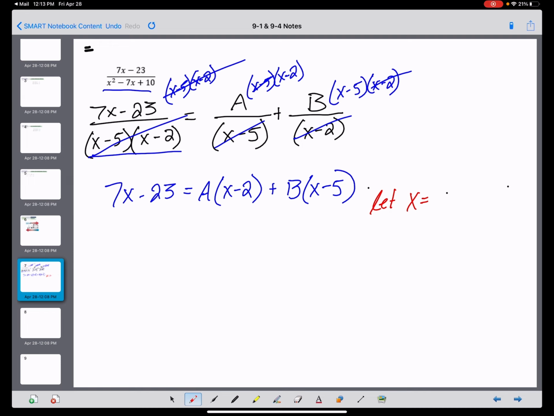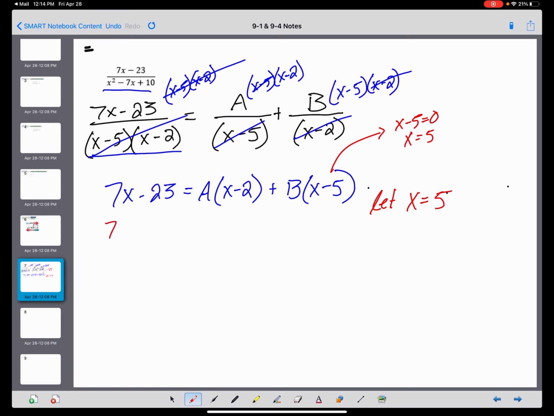Right here I can say x minus 5 equals 0. If I make it equal to 0, B times 0 would make it go away. That means x could equal 5. If I plug 5 in for x, watch what happens.